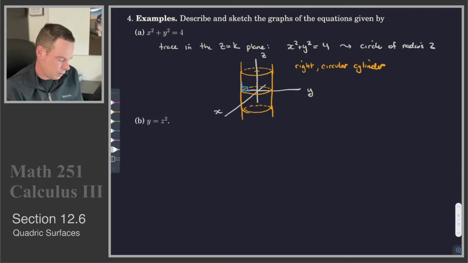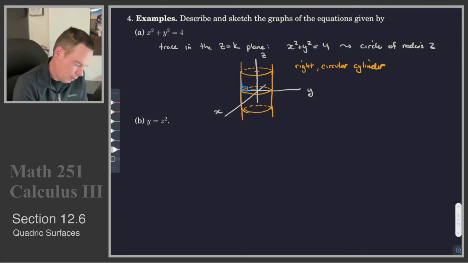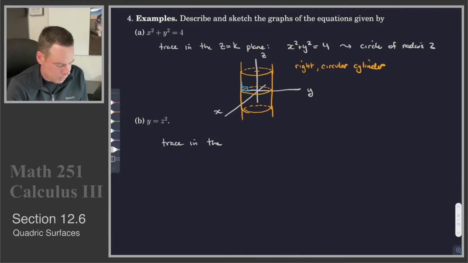y equals z squared. Let's look at the trace in which direction? Much like the one above, where we took the trace in the plane of the variable that's missing, we see that this consists of all points x, y, and z that satisfy this equation. x has no restrictions on it.